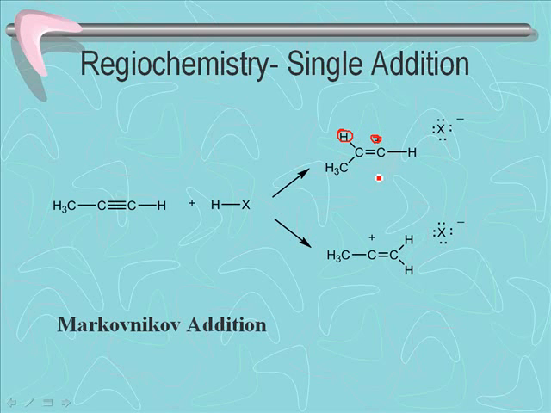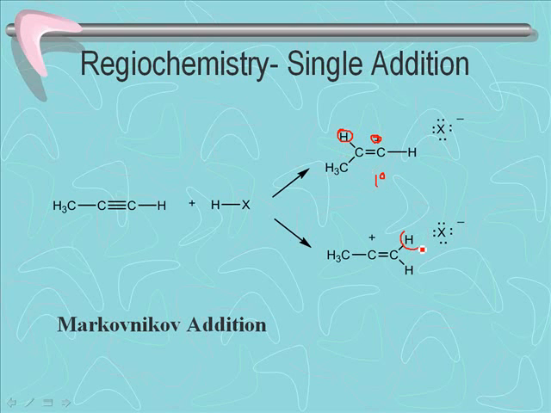In this case, it is a primary carbocation, and since the plus charge is on a carbon that's part of a carbon-carbon double bond, we refer to this as a vinylic carbocation. And such carbocations are actually quite a bit less stable than regular primary carbocations. Nonetheless, it is a potential intermediate in this reaction.